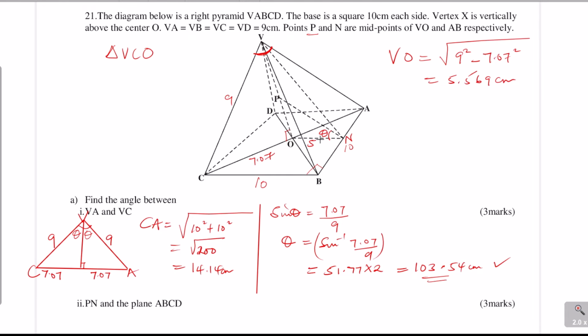Now, given that P is the midpoint of VO, it means that PO will be 5.569 divided by 2. And when you divide that by 2, this will give 2.785 centimeters. Now it becomes very easy for us to proceed after getting PO.